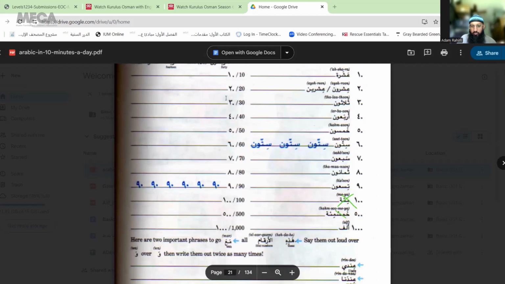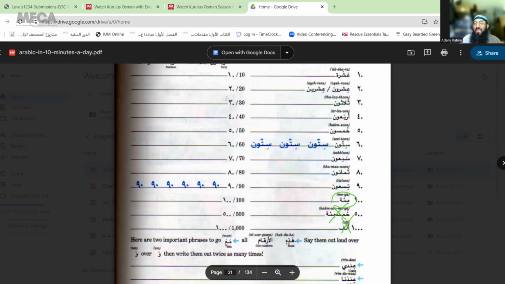We take 100 today because it'll be new. But we're not going to learn these last two right here, 500 and 1,000. The main goal is knowing how to count from 1 to 100, and all the numbers in between. So on this page, they use the numbers in tens: 10, 20, 30, 40, 50, 60, 70, 80, 90, and this new one that you're going to take today is mi'ah.